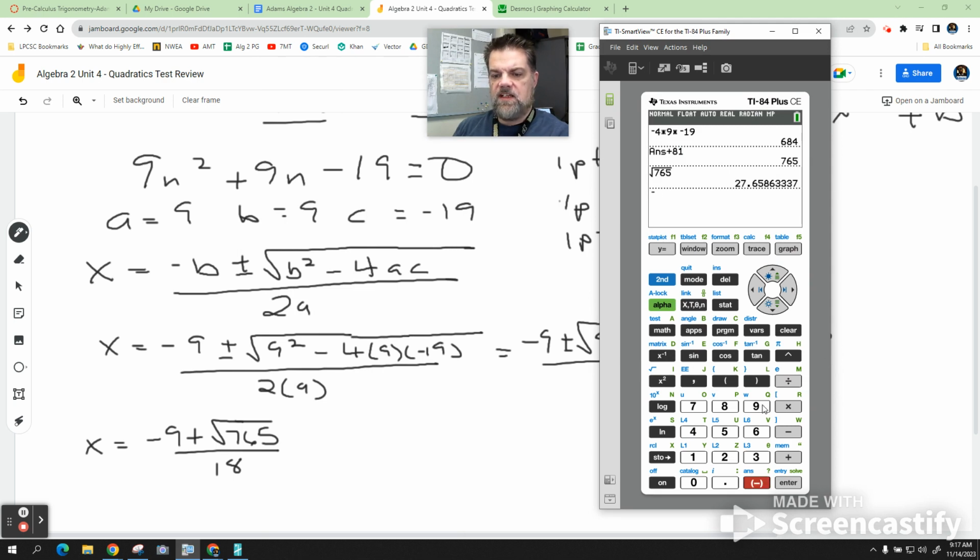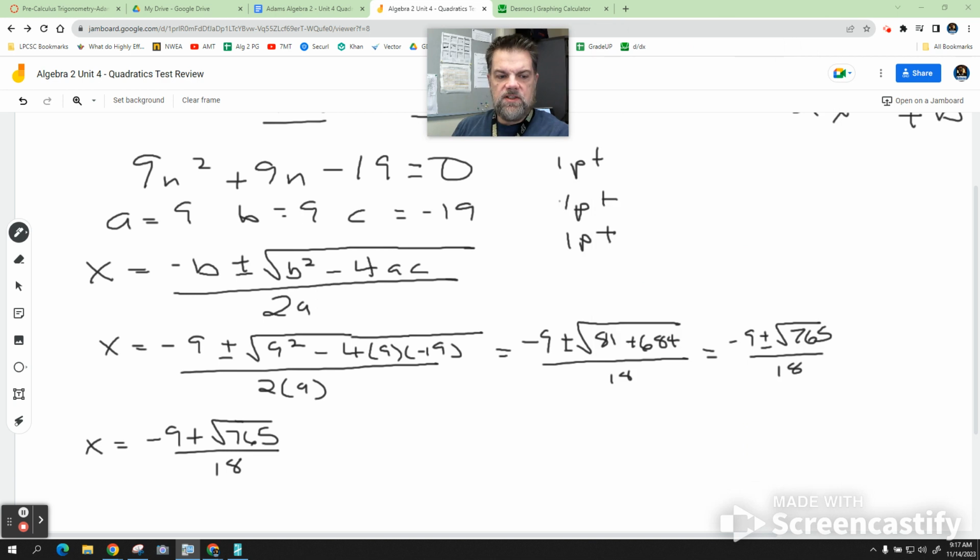So if I say negative 9 plus the square root of 765, that's going to give me a decimal. And then I have to divide that by 18. And we'll just round that to 1.037. That's good.